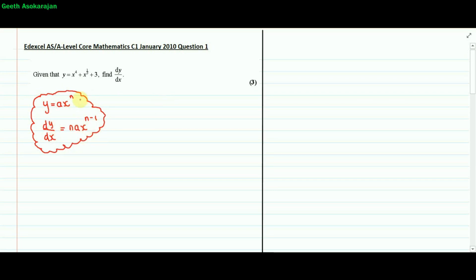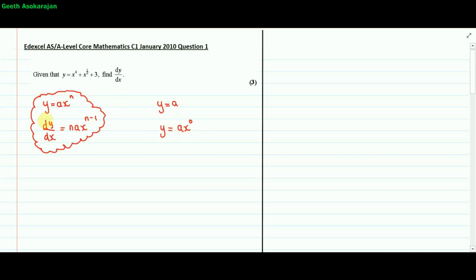Further to that, using the basic rule of differentiation, supposing you have y equals a, where a is a constant, we can rewrite a as ax to the power 0.